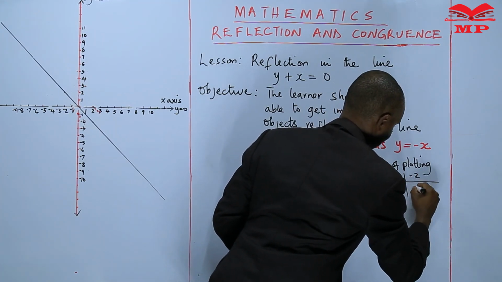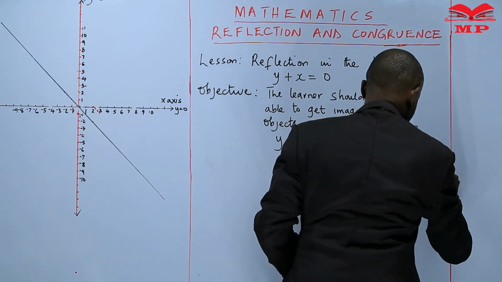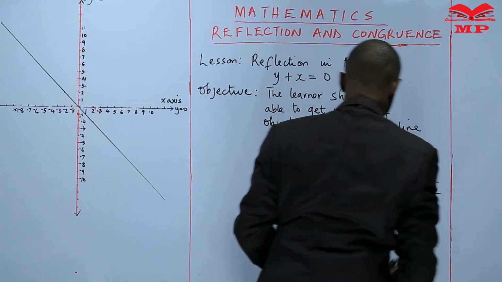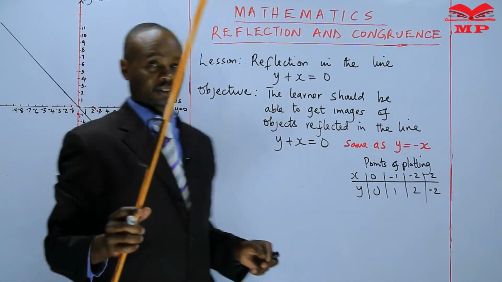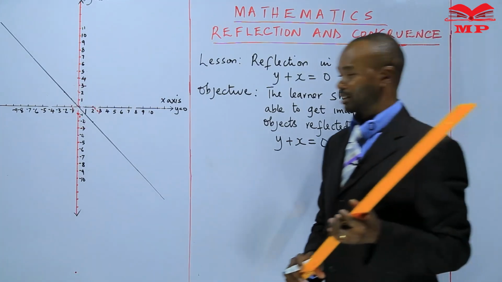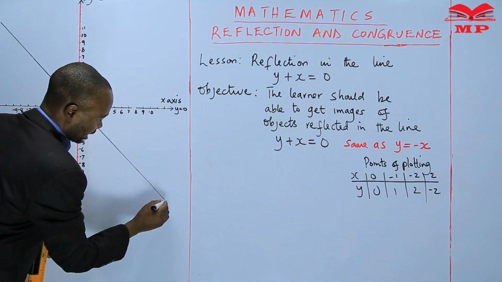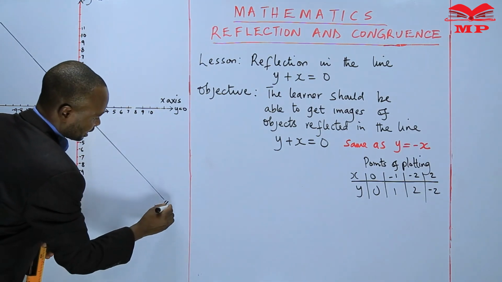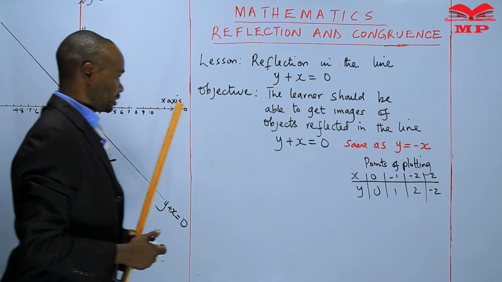Negative 2, 2. When we had 2, this one was negative 2. These points helped us to plot our line on the Cartesian plane. So this is the line y plus x is equal to 0.